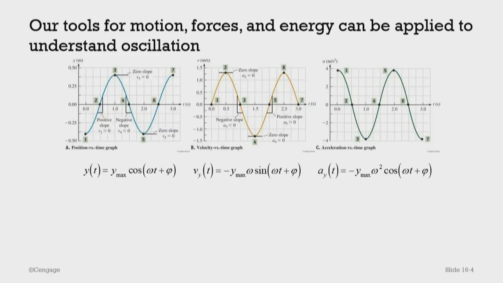So let's think about what's physically happening. I've got my block on the end of a spring and it's bouncing up and down. We know if we're at the top and we know if we're at the bottom. That's something that's going to be called the amplitude.